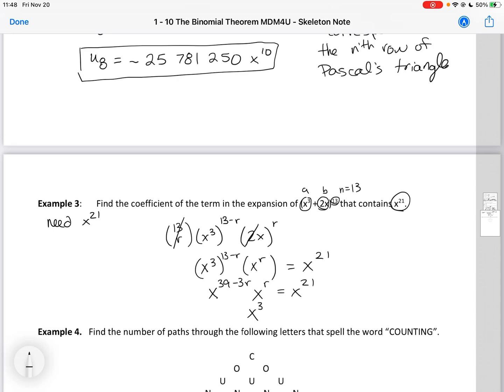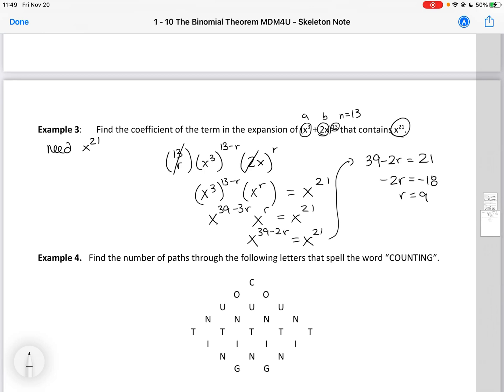Using my knowledge of exponent laws, I've got x to the 39 minus 2r has to be equal to x to the 21. Now I know because the bases are equal, I can set the exponents equal to each other. And this is going to allow me to solve for my value of r, which is then going to allow me to calculate the coefficient.